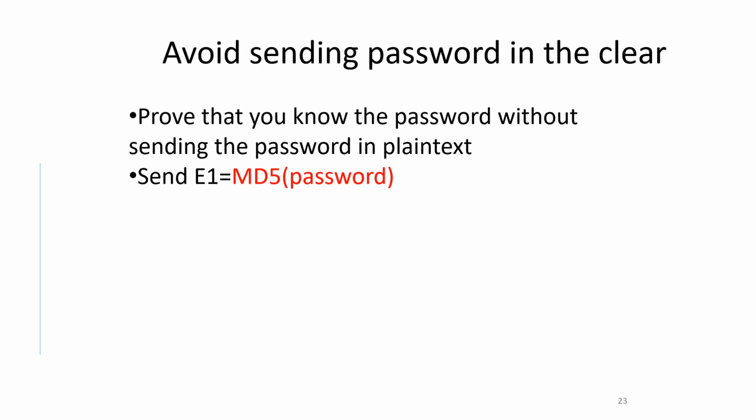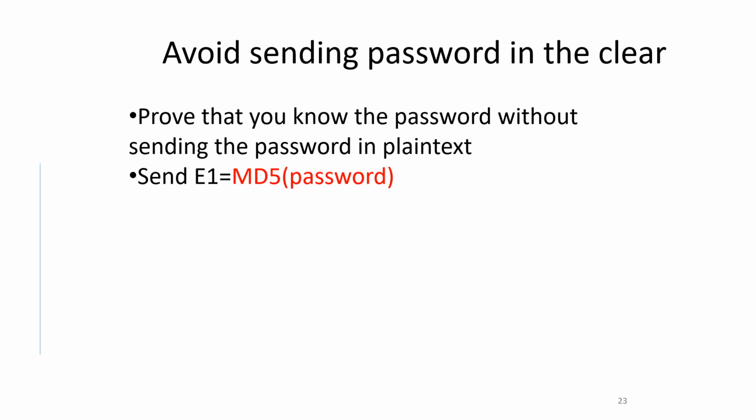But you don't have to. If I tell you I would like to get this file from this file server, I'm Jim, here's the MD5 of my password, an eavesdropper overhears that. Later on, Kerberos avoids this problem.